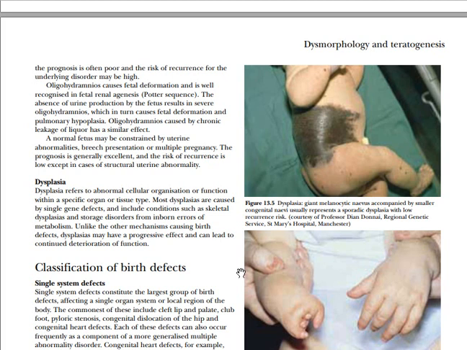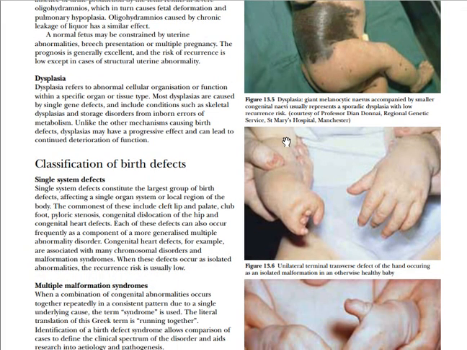This is an example of dysplasia here, where you have a large melanocytic nevus which is accompanied by smaller congenital nevi. Is it clear? So that's a dysplasia. And this is a unilateral terminal transverse defect of the hand occurring with an associated malformation.